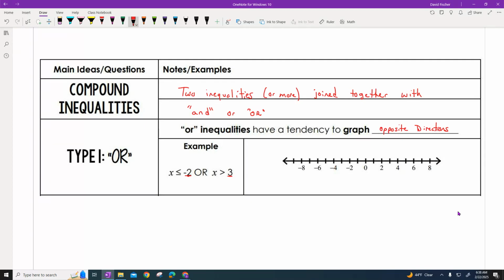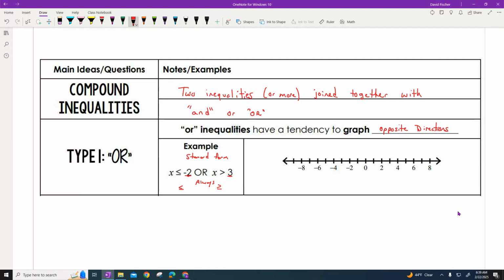That's what we call standard form, and all that means is the smaller one's on the left and the larger number on the right. Once we get our x's by themselves, the signs will always point in opposite directions. Now it could be less than or equal to, but they'll always point in the opposite direction.